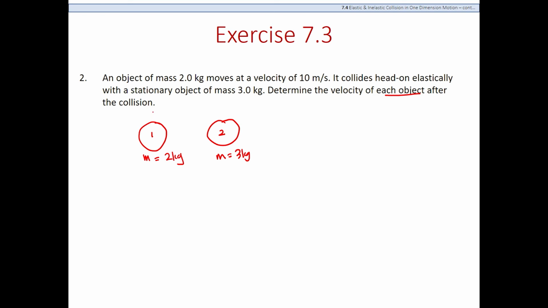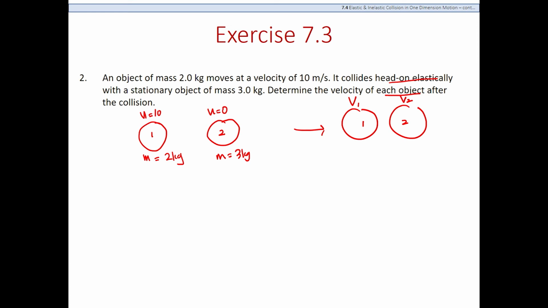Object 1 has a velocity u equals 10 meters per second, and object 2 is stationary, so u equals 0. They collide head-on elastically, and after collision object 1 and object 2 move with velocities v1 and v2. The question asks about the speed of each object after collision.